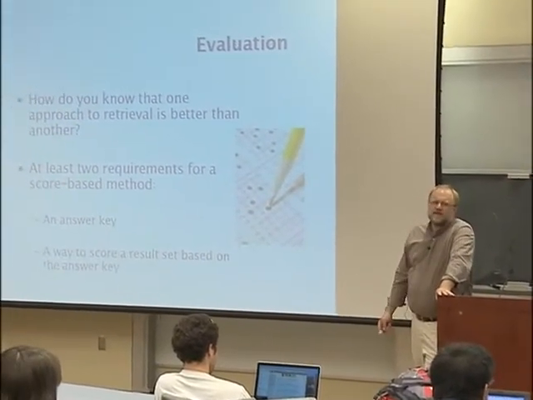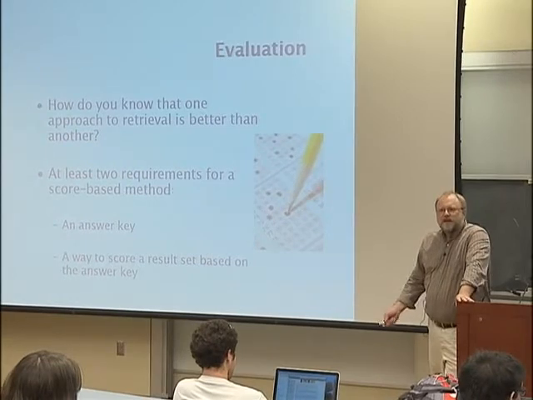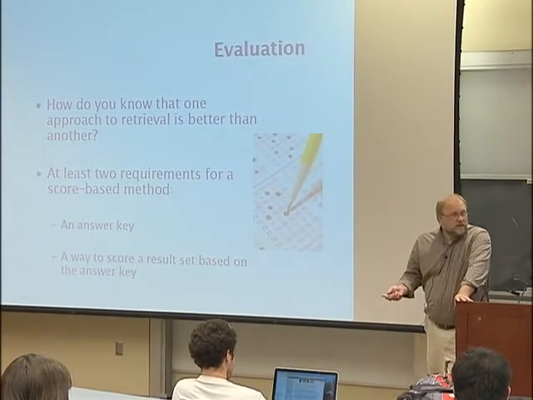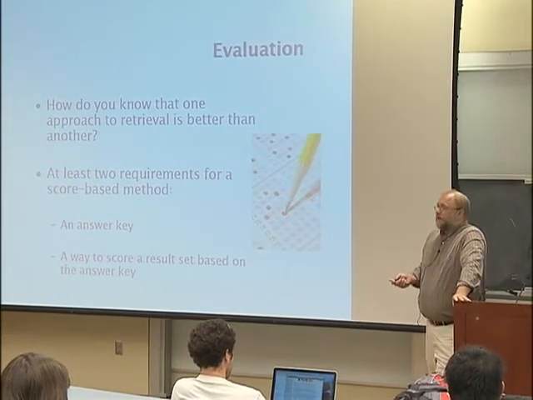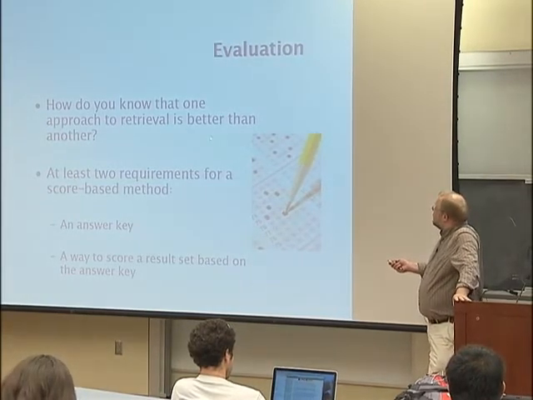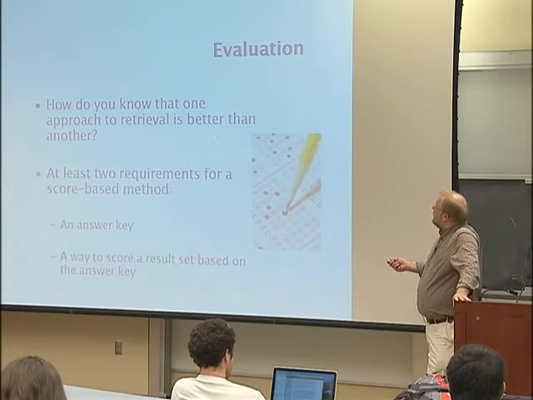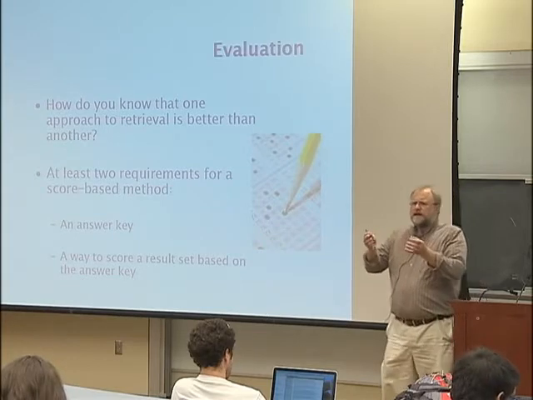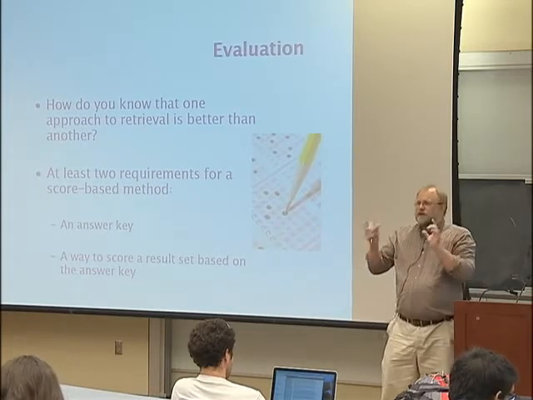And for all these tasks, if you want to have some confidence that you're doing better, you of course need a way to evaluate what you've done. And for ad hoc retrieval, it's no different. So we'll look a little bit at how these are evaluated. The goal here is to compare two different approaches to see which one is better.